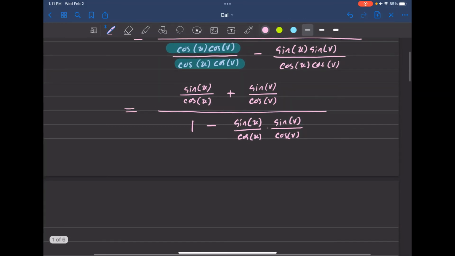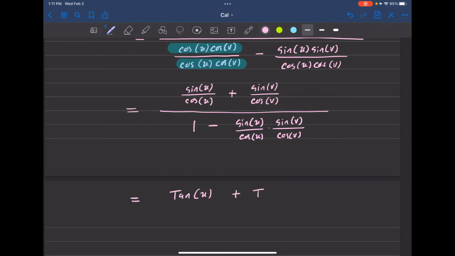Continuing on, sine u over cosine u is going to be tangent of u, because sine over cosine is tangent, and the argument is u. Similarly, sine v over cosine v is going to be tangent of v, because sine over cosine is again tangent by definition, and the argument is v.